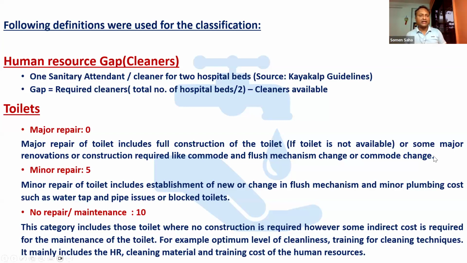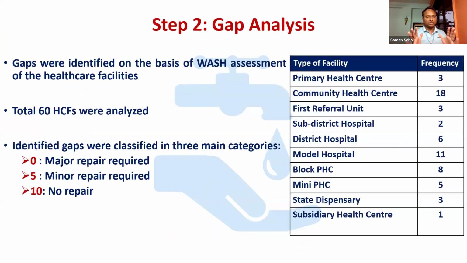According to that guideline, we assessed how many cleaners would be required to make those facilities WASH compliant. That was the first thing that was important for human resources. Second were toilets. As I said, the 0, 5, 10, that is, no compliance, partial compliance, or full compliance. According to that, we assessed those facilities. Next slide, please.